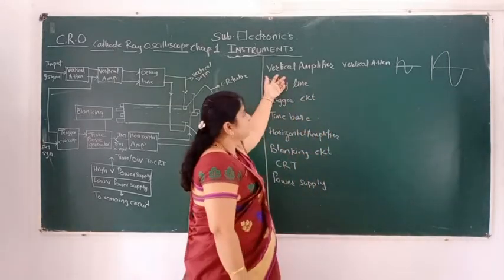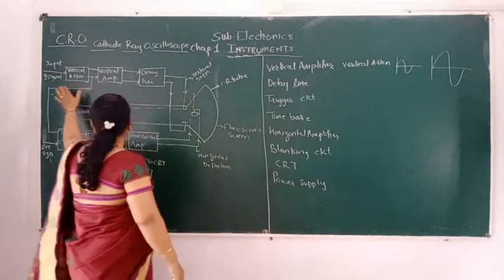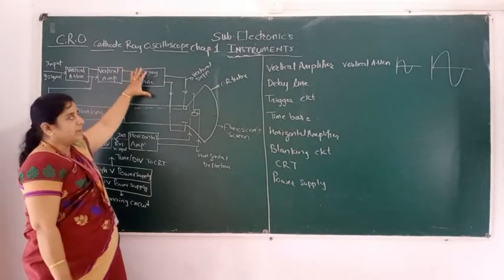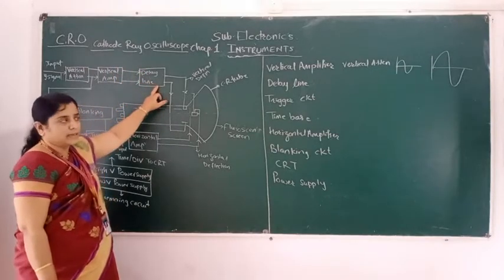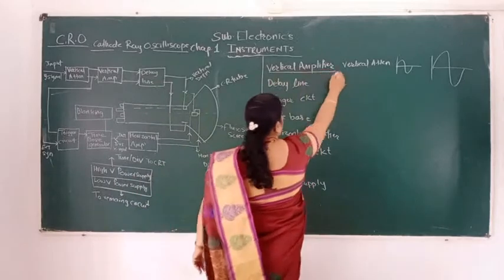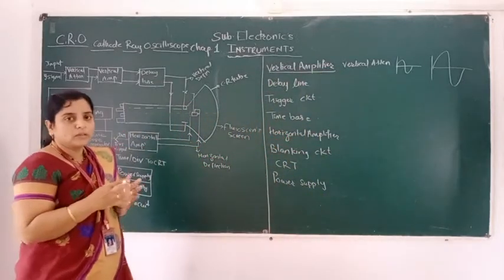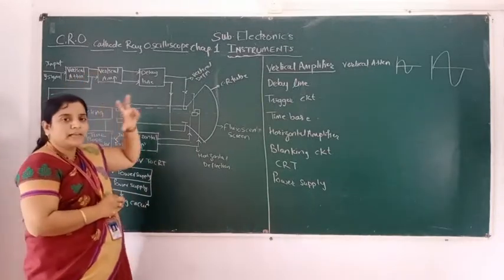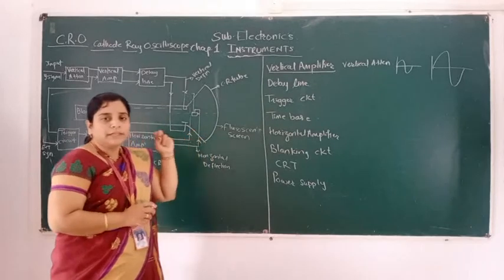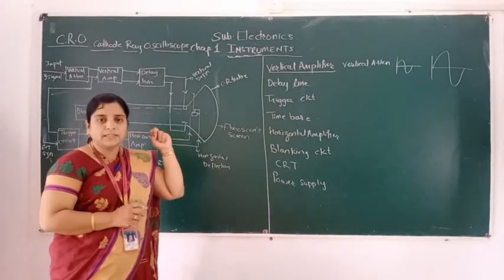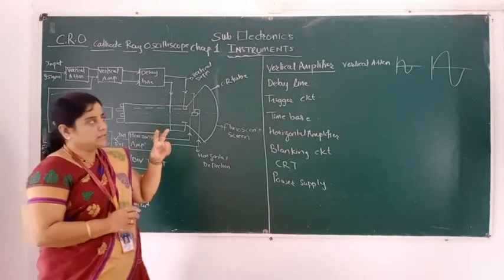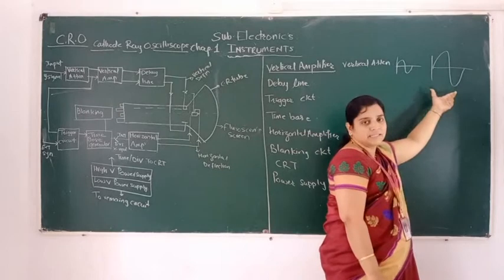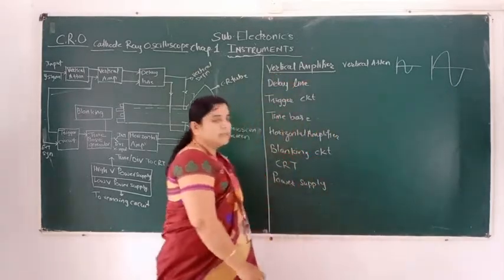If you apply the input signal, the Y signal, to the vertical attenuator, then it amplifies the signal and gives it to the delay line. Whatever input signal you apply to the Y plate of the CRO, it amplifies the signal. Amplifies means its voltage and strength increase. This is called the vertical amplifier.